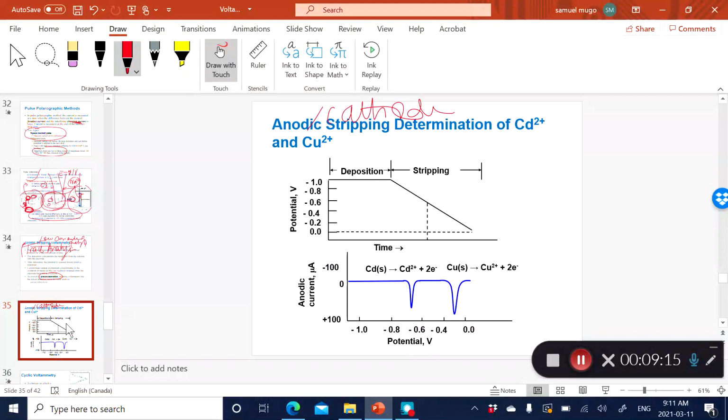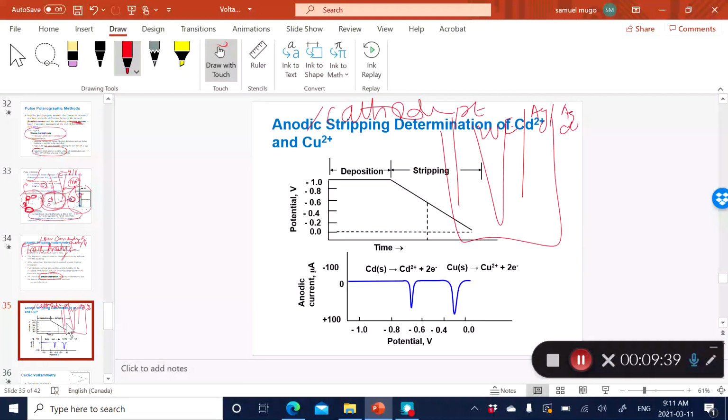Okay. Now, typically, you would take your electrode and put it in the electrochemical cell. That is a working electrode. Of course, you still need your reference electrode, probably the silver chloride, and you also need a counter electrode. Typically, we use platinum.